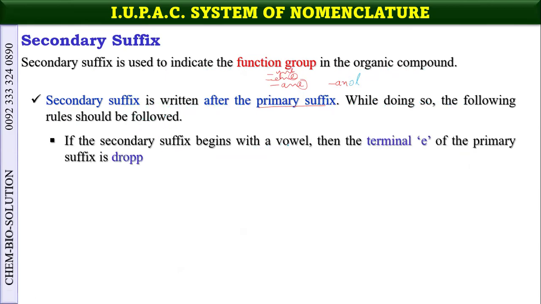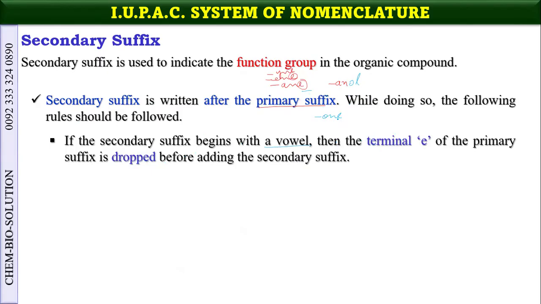If the secondary suffix begins with a vowel, for example, -ol, -oic acid, etc., then the terminal E is removed. See, I have removed the E. So after dropping E, it becomes -anol, -anoic acid, -anone. -one is for ketone.